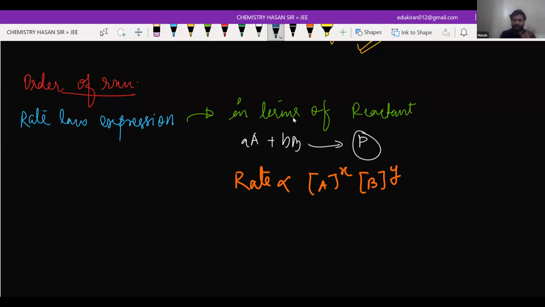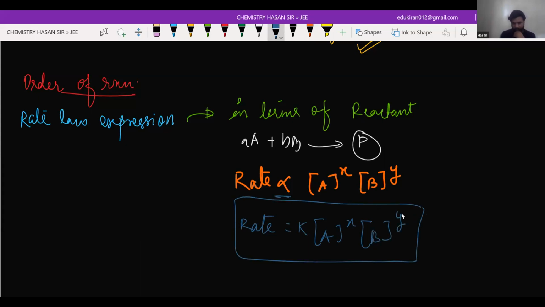To remove this proportionality sign, there will be a constant called the velocity constant, specific rate, or most commonly the rate constant. And the rate constant only depends upon temperature, nothing else.